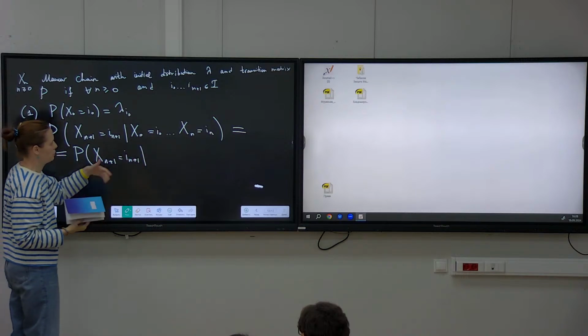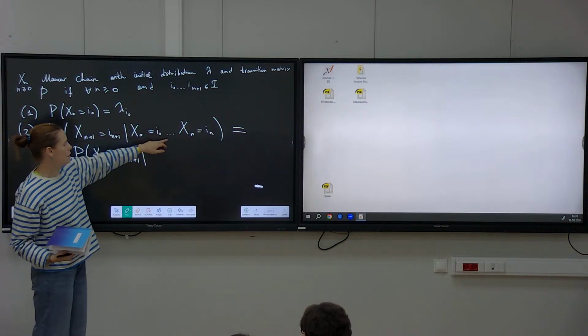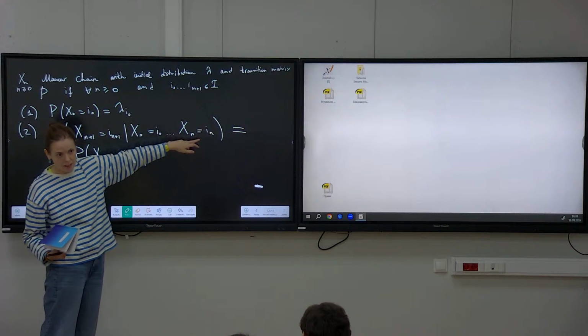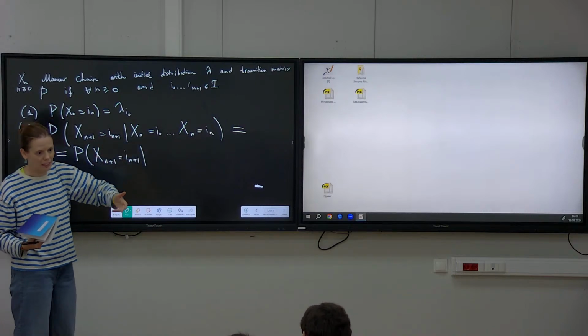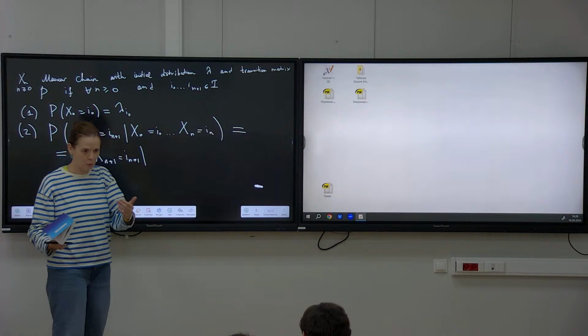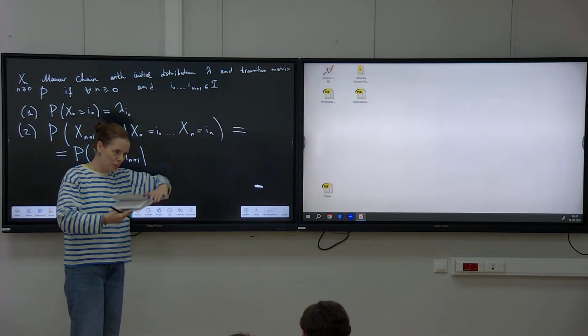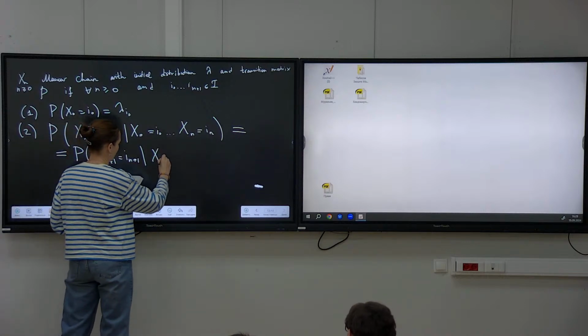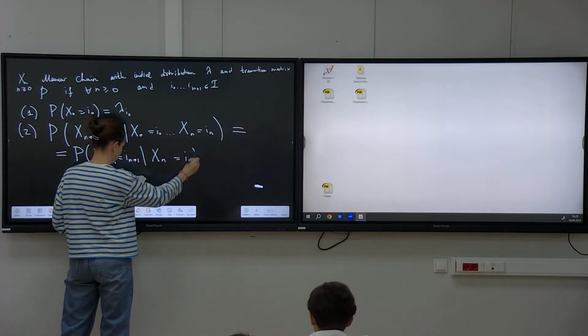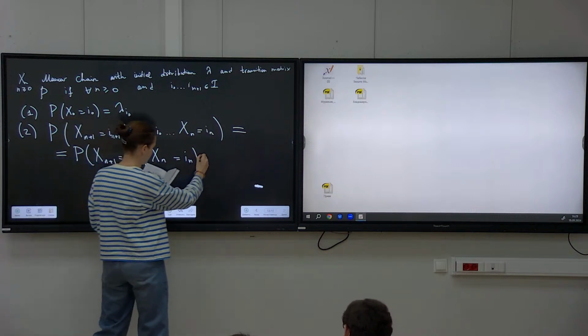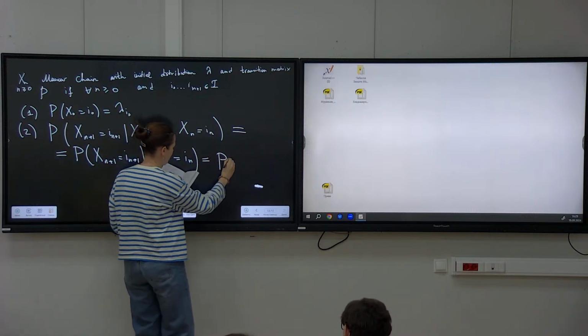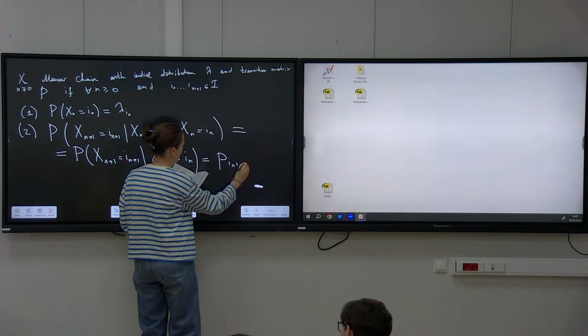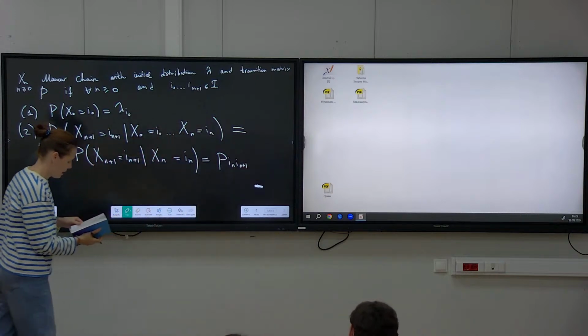So that's what we mention as a kind of independence from the past, right? It's not important how we arrived to this point, but once we arrived, the rest of the conditional probabilities will be the same no matter how we got there. And this is given by a corresponding element of our transition matrix.